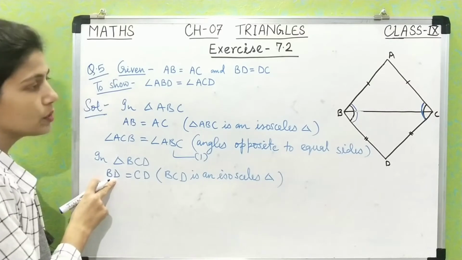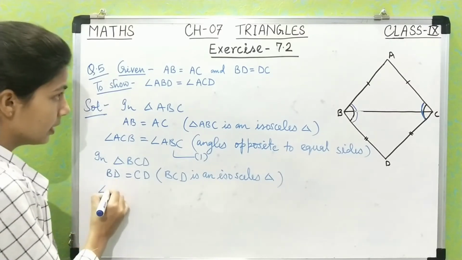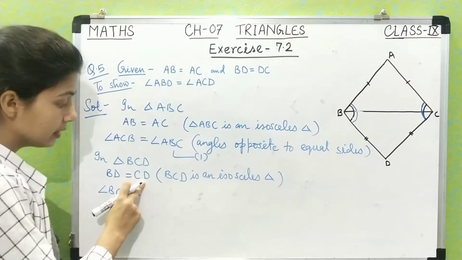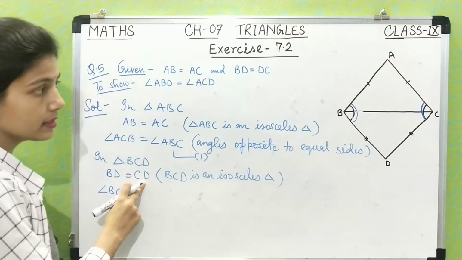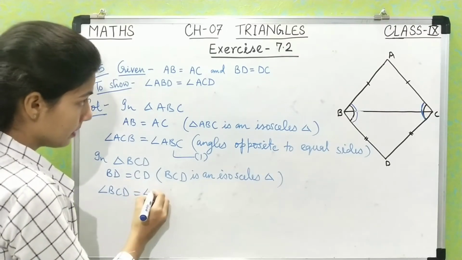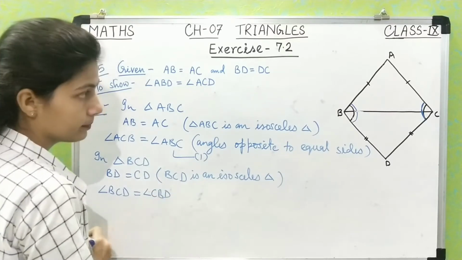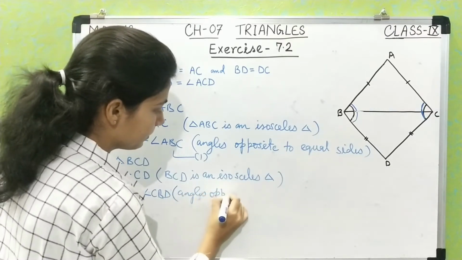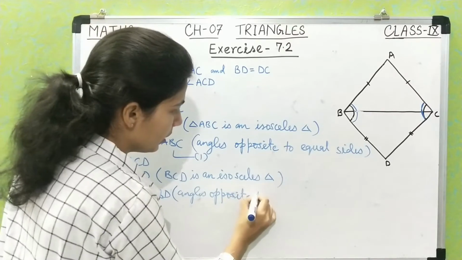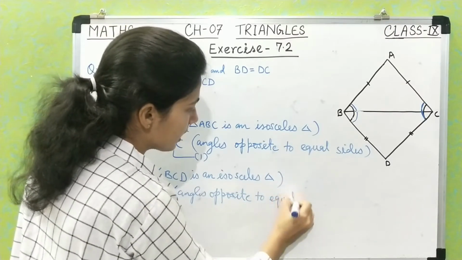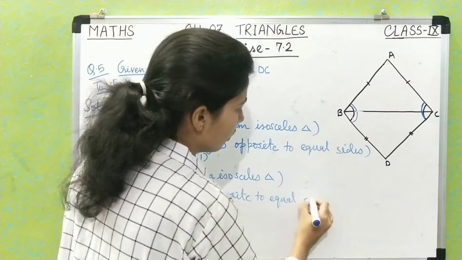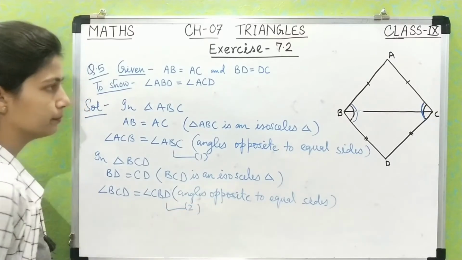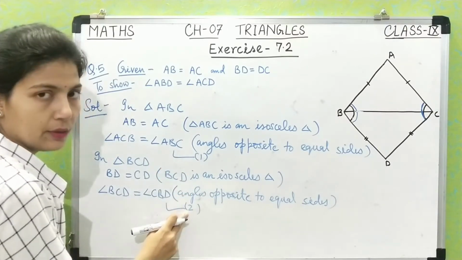So the angle opposite to side BD is angle BCD, and that will equal the angle opposite to side CD, that is angle CBD. These are the angles opposite to equal sides. Angles opposite to equal sides are also equal. Give this as equation number 2.